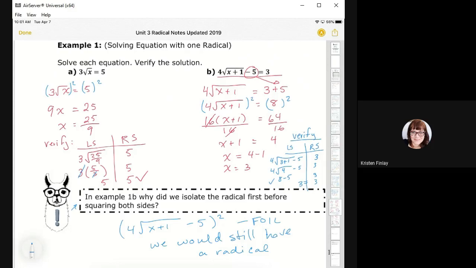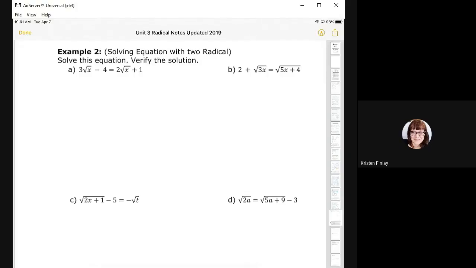Okay, scrolling up. So what happens when we have 2 radicals? So here we have 3 root x minus 4 is equal to 2 root x plus 1. Well, before I solve this equation, what I want to do is simplify it. I'm going to move all of the terms that have radicals over to one side and the numerical values over to the other side.